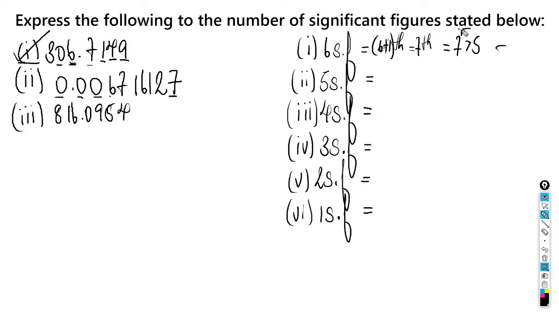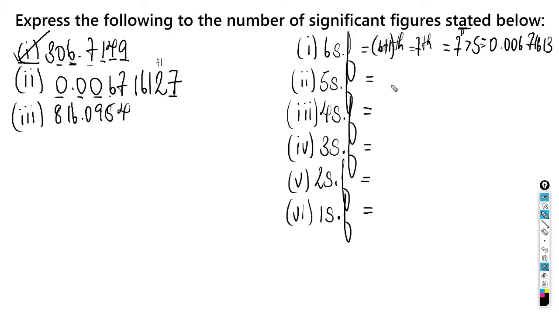All right, guys, so for the answer, we're going to end up with 0.00671,613. All right. This is great. This 7 is greater than 5, so we'll add a 1 to this 2.